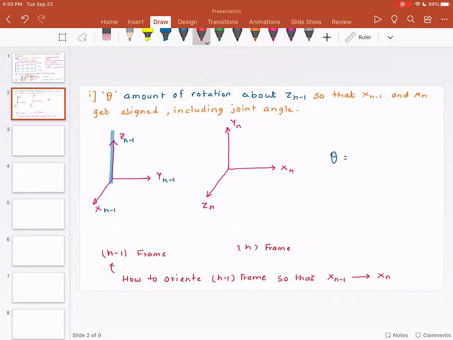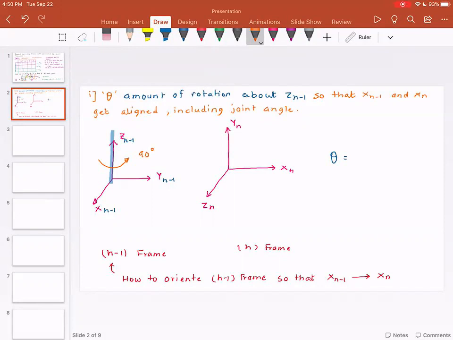The only way Xn minus 1 will get aligned is if I rotate about Zn minus 1 by 90 degrees.